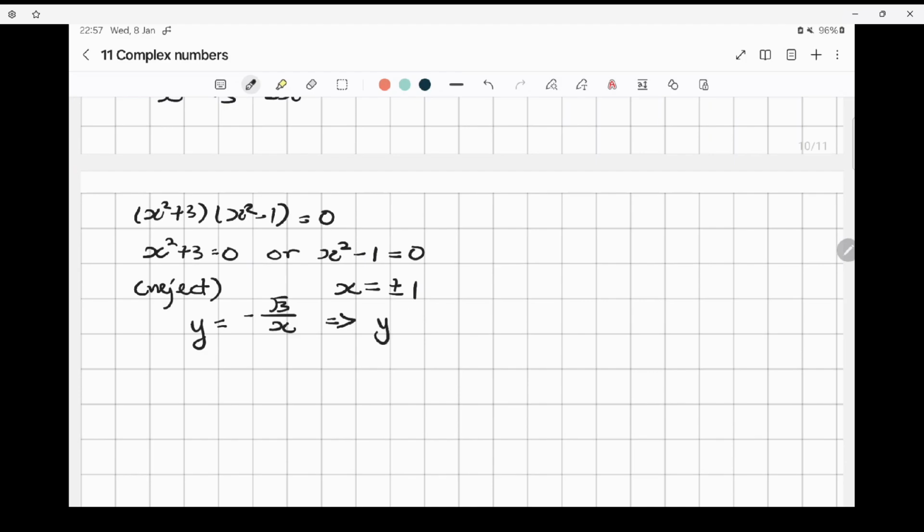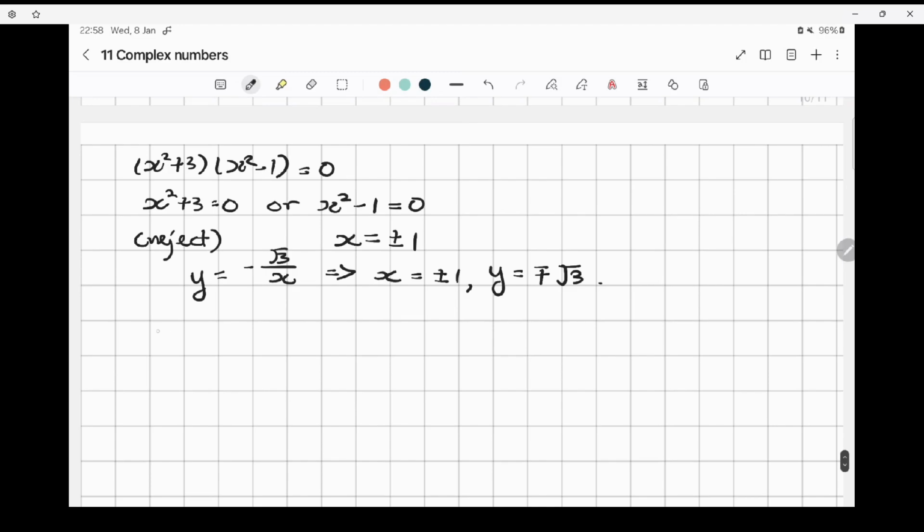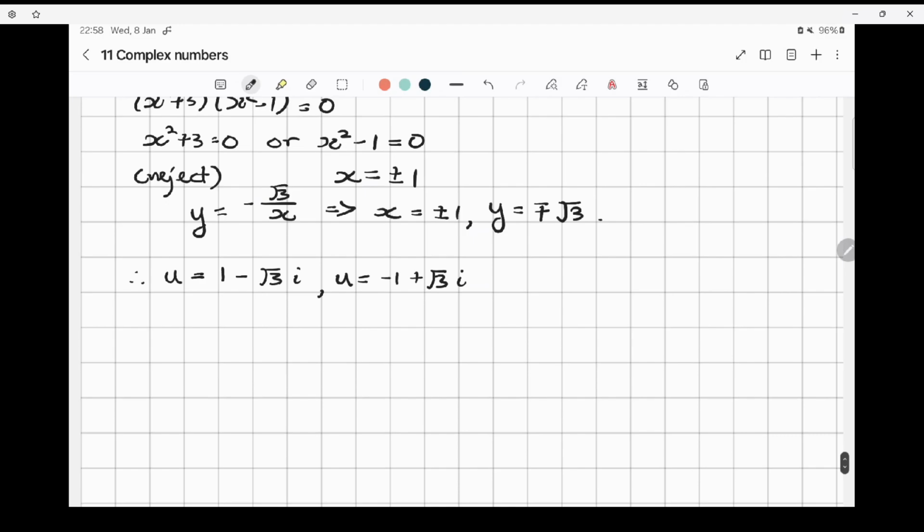So meaning that if your x is plus or minus 1, your y will be minus plus root 3. So finally, write down your complete solution. u can either be 1 minus root 3i, or u can be minus 1 plus root 3i. Okay, so this is the solution from method 1.